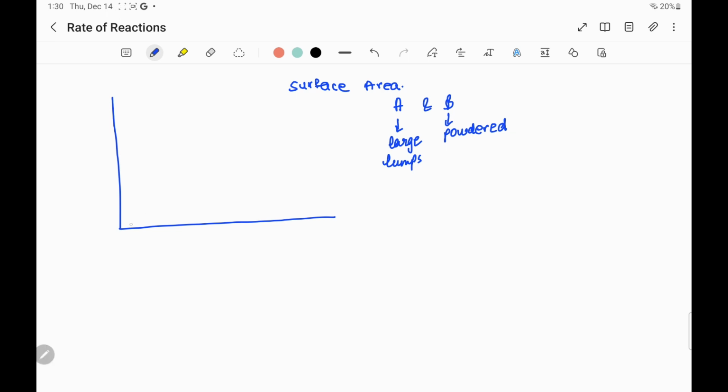Now, here we have the loss in mass. We have the time. Do not focus on what's on the axis right now exactly, because I haven't told you how we're conducting the experiment. But what matters for you anyways is to interpret the slope.